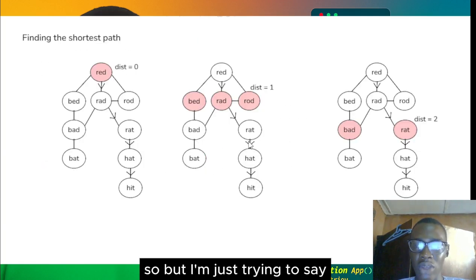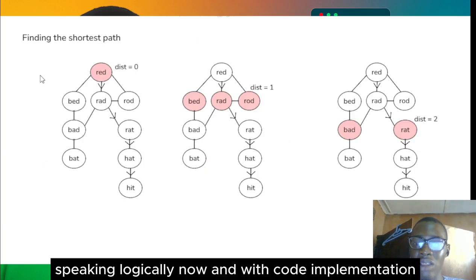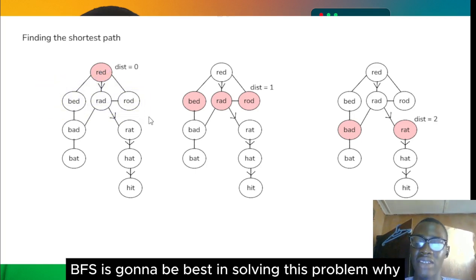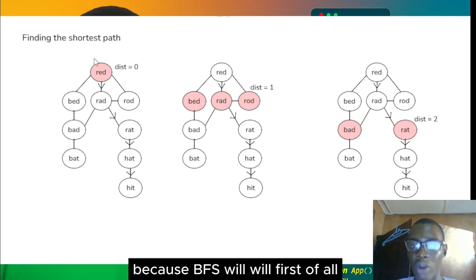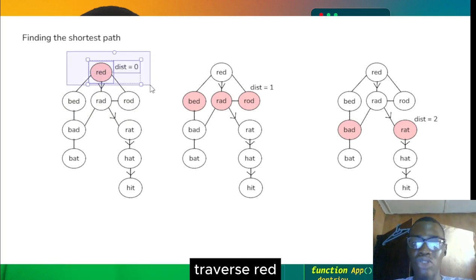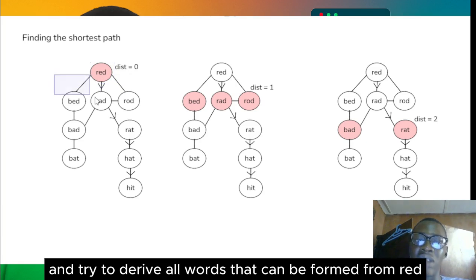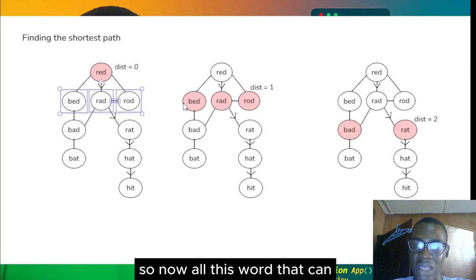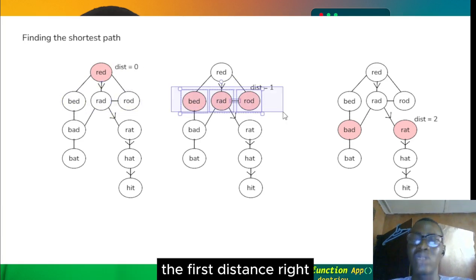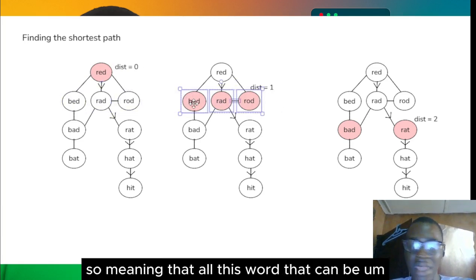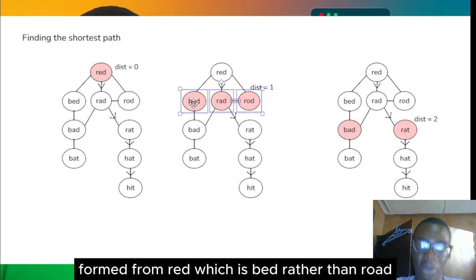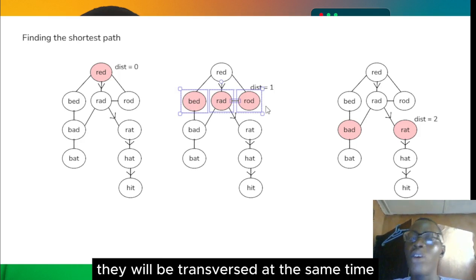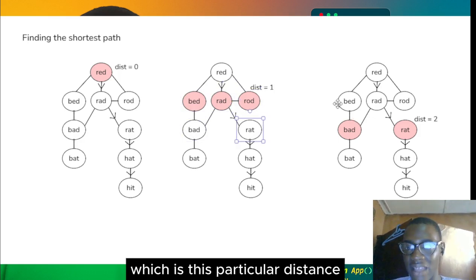But speaking logically now, and with code implementation, BFS is gonna be best in solving this problem. Why? Because BFS will first of all traverse red and try to derive all words that can be formed from red. All these words that can be formed from red, which are bed, rad, and rod, constitute the first distance, and they will be traversed at the same time to produce the next distance, which is this particular distance.